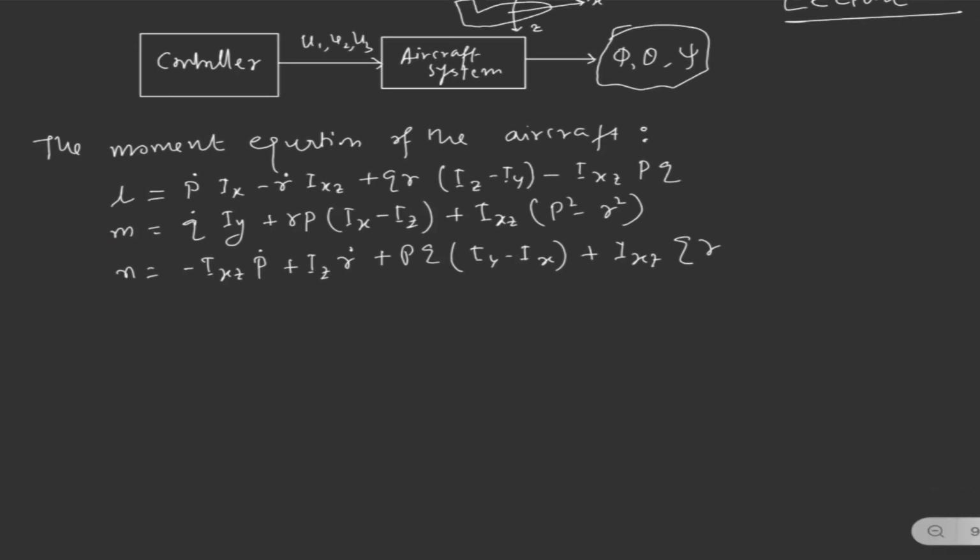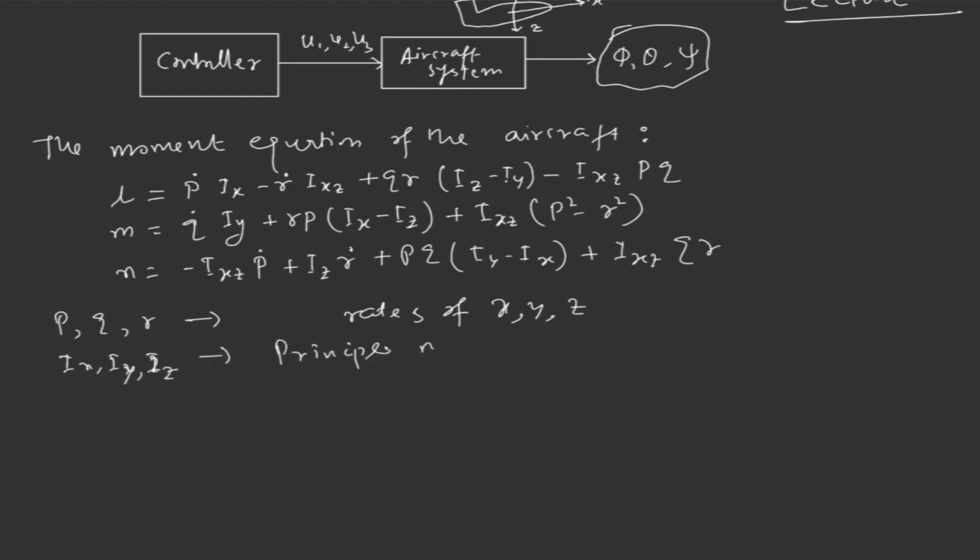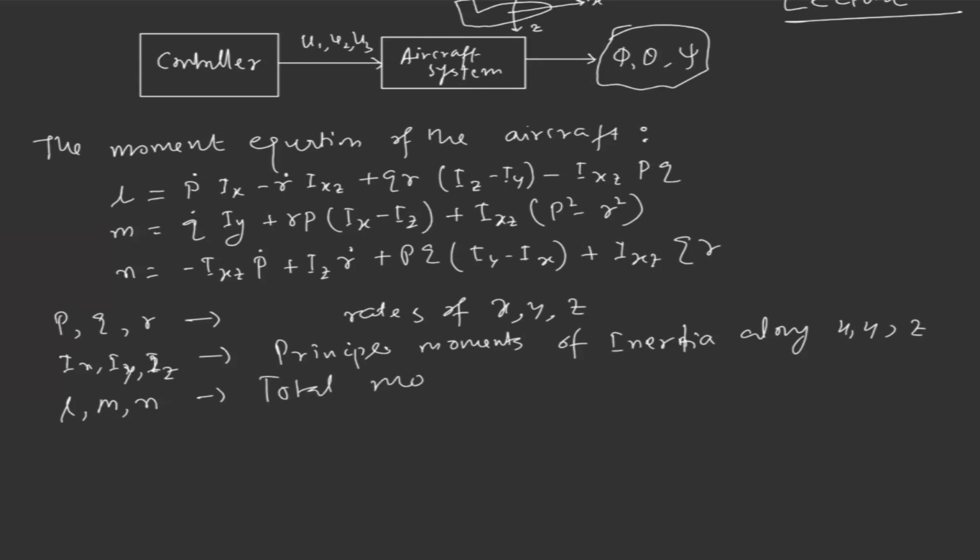Let me define here, P, Q, R are the rates along X, Y, Z, and Ix, Iy, Iz are the principal moments of inertia along X, Y, Z, and L, M, N are the total moments acting along X, Y, and Z. So this total moment can be your torque moment and also disturbance, any other part in the system.